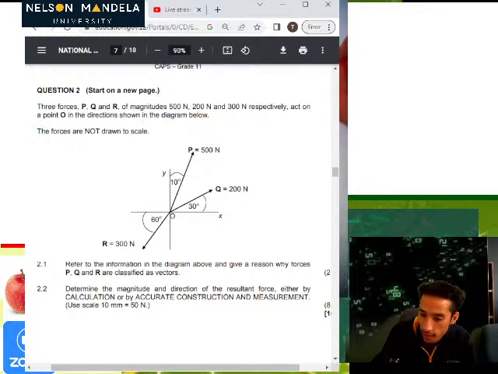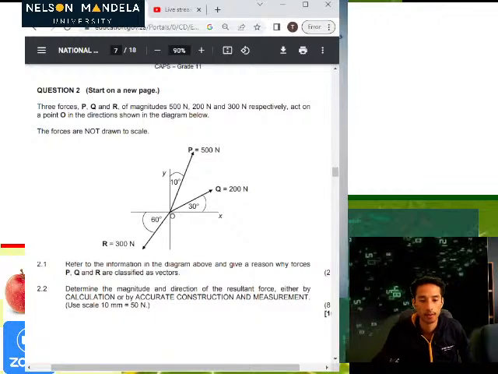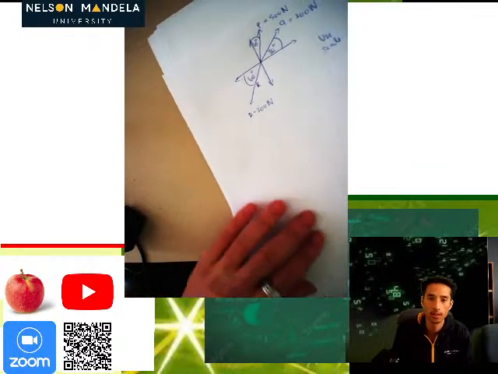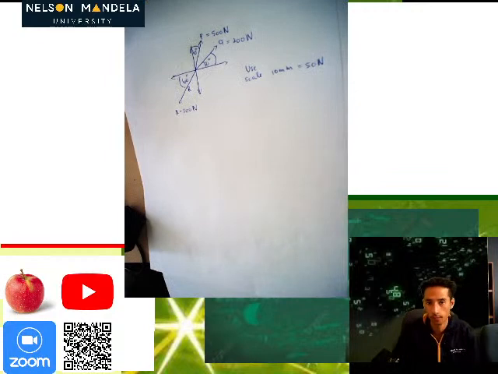We can use that scale, 10 millimeters equivalent to 50 newtons, as I represented on the paper.